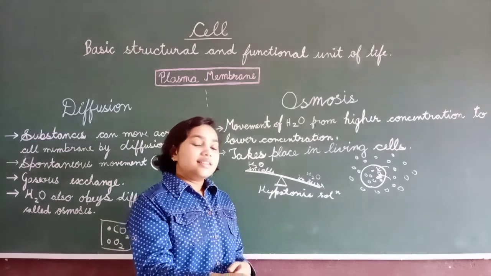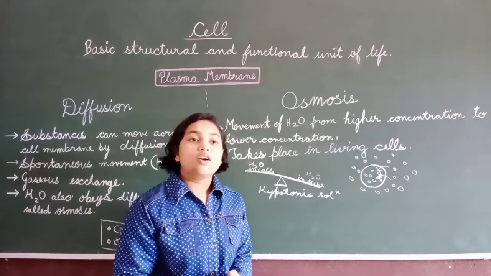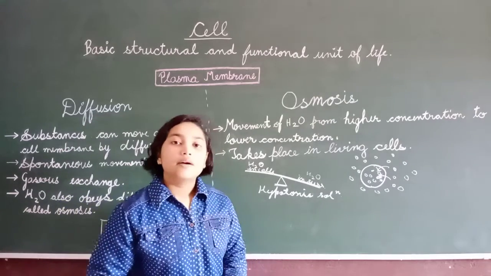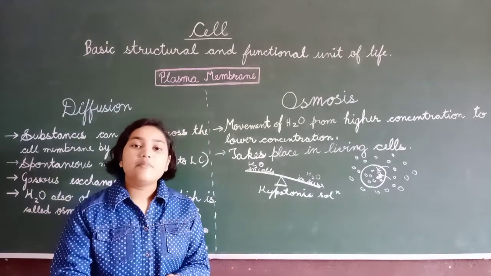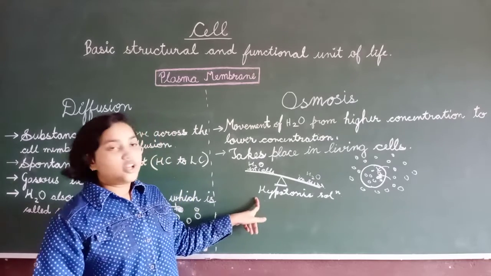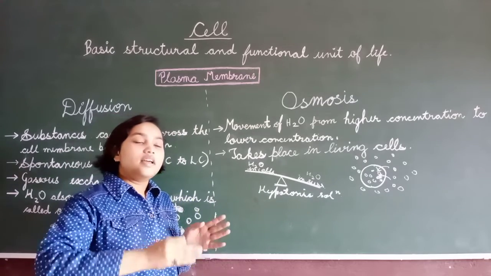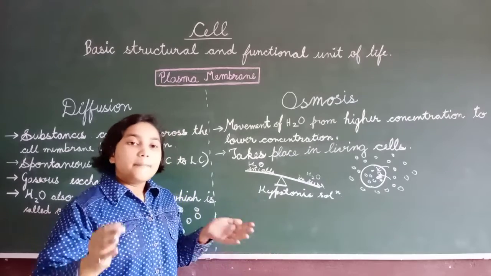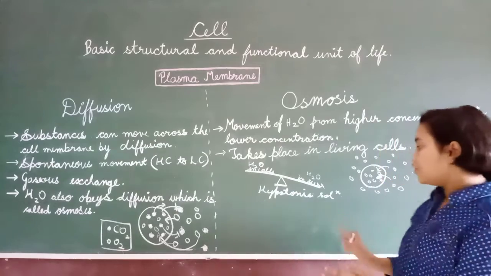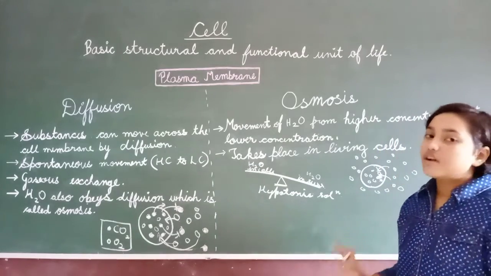That's why the cells take in water and swell up. After some time you will see the raisins swell up. So a hypotonic solution always gives swelling. The cells always swell up when they are put inside a hypotonic solution.